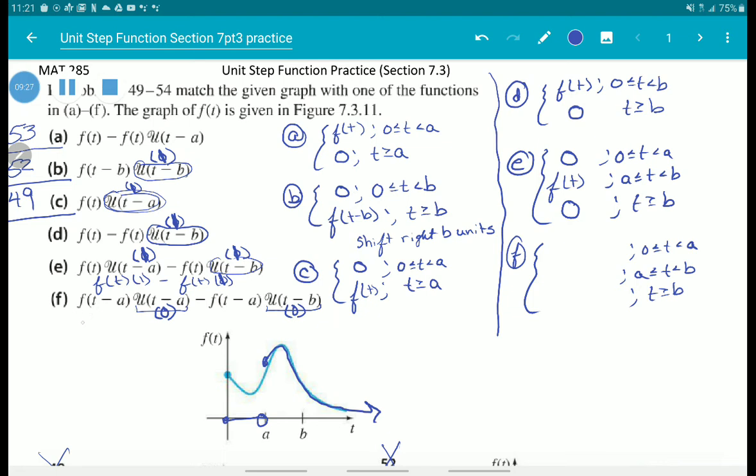So we're going to have f of t minus A times 0 minus f of t minus A times 0. So that guy's just going to be at 0. It's going to be on that horizontal axis.